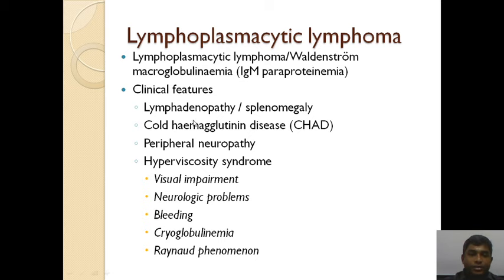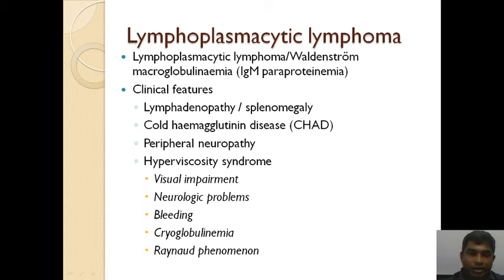The clinical features include lymphadenopathy, splenomegaly, and cold hemagglutinin disease caused by this specific IgM antibody, and the patient can have hyperviscosity syndrome. So IgM is a big antibody compared to IgG.